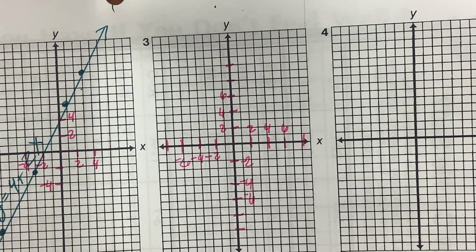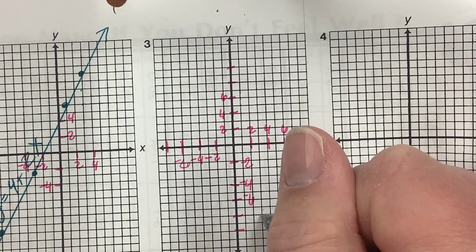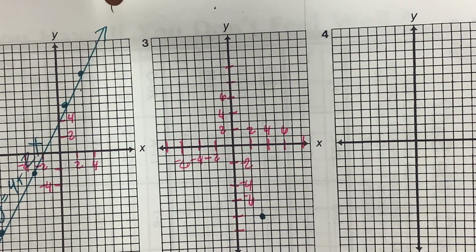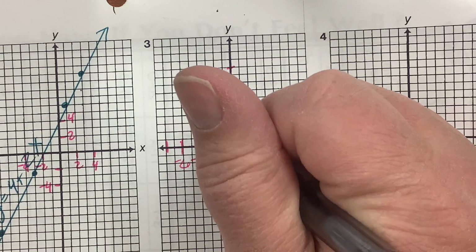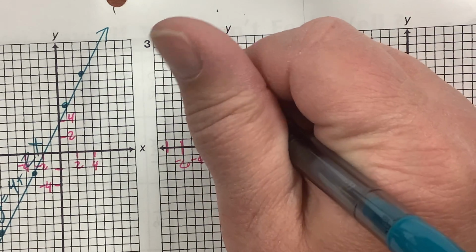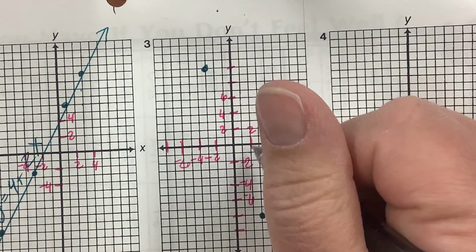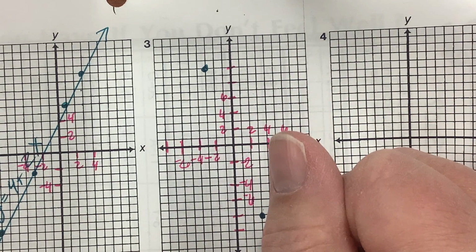Okay, here we go. +3, -8. See, wasn't that easier with the lines there? -3, +10. -3, +6, 8, 10. +4, -11. Wait, really?